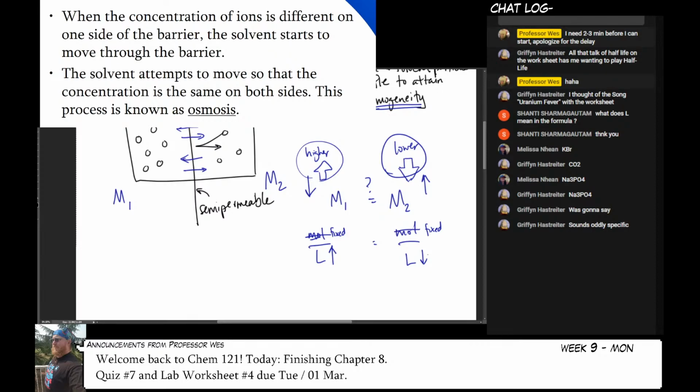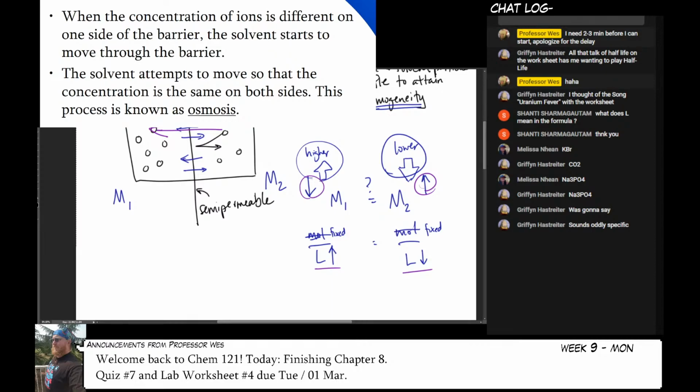So if I move water in this direction, from the lower concentrated side to the higher concentrated side, then the volume on the lower concentrated side would reduce and its concentration would go up. And the volume on the right side would increase and cause its concentration to go down. These would then eventually reach equilibrium, and I would have the same concentration on both sides.